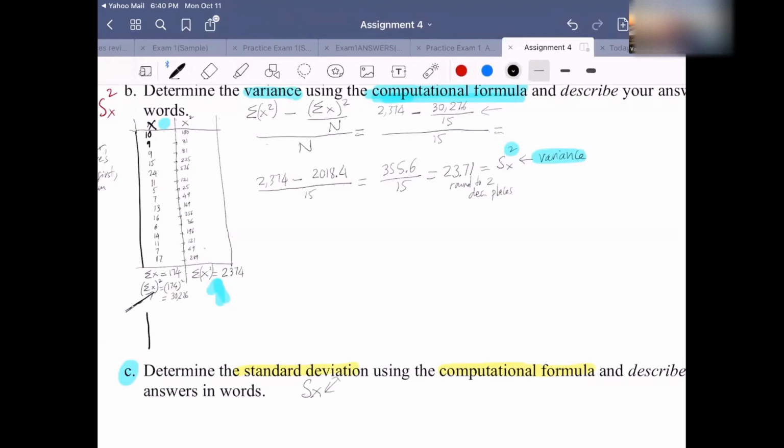So type in the chat for me to see what you guys get. That's great, Uriel. About other people, how do you guys find the standard deviation? All right, Uriel got the answer. About other people?